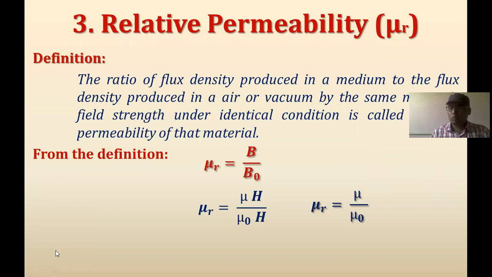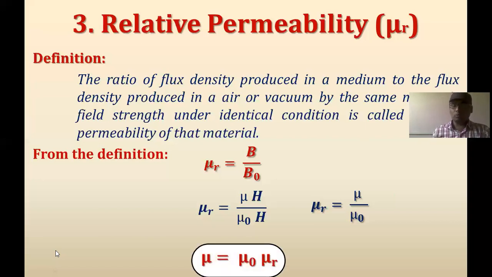mu r is equal to mu upon mu 0, or you can also write mu is equal to mu 0 into mu r. As per the definition, mu r is the ratio of flux densities.